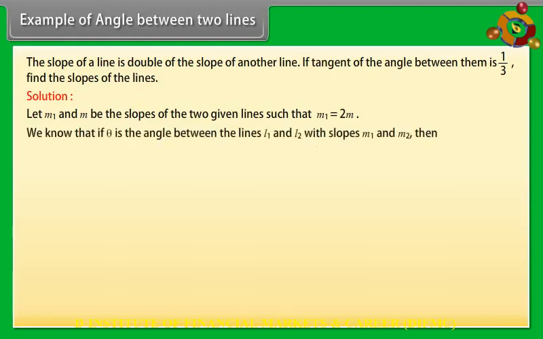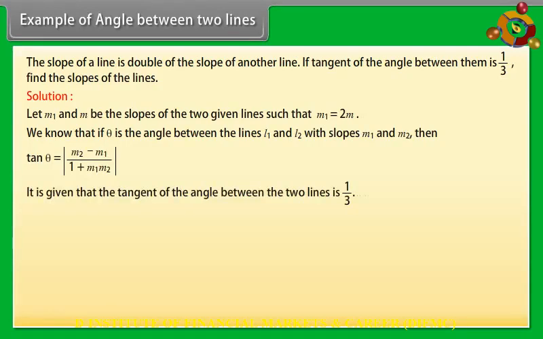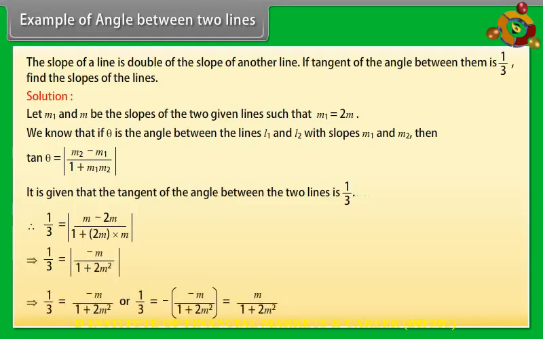We know that if theta is the angle between the lines L1 and L2 with slopes m1 and m2, then tan theta is equal to modulus of (m2 minus m1) divided by (1 plus m1 m2). It is given that the tangent of the angle between the two lines is 1/3. Therefore, 1/3 is equal to modulus of (m minus 2m) divided by (1 plus 2m into m). On solving, we get modulus of m divided by (1 plus 2m square).